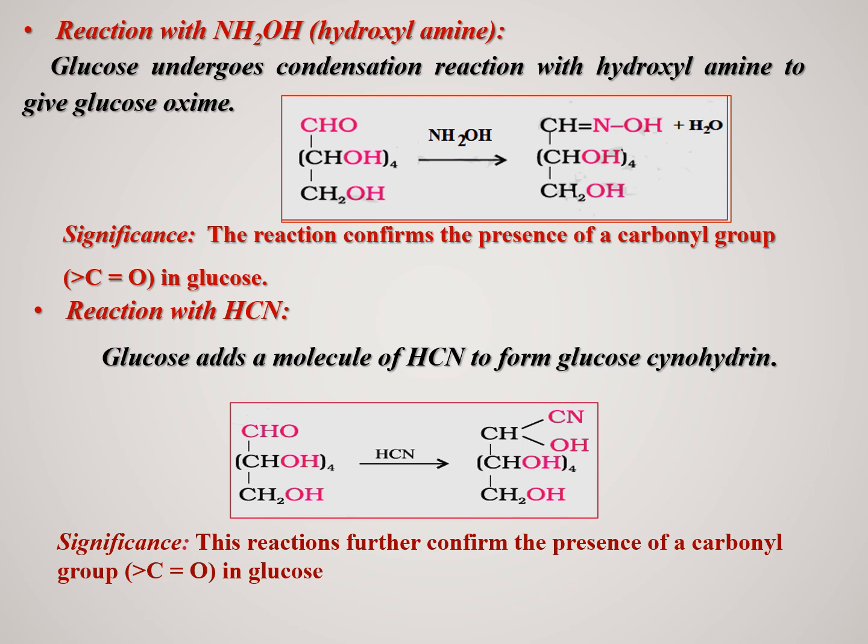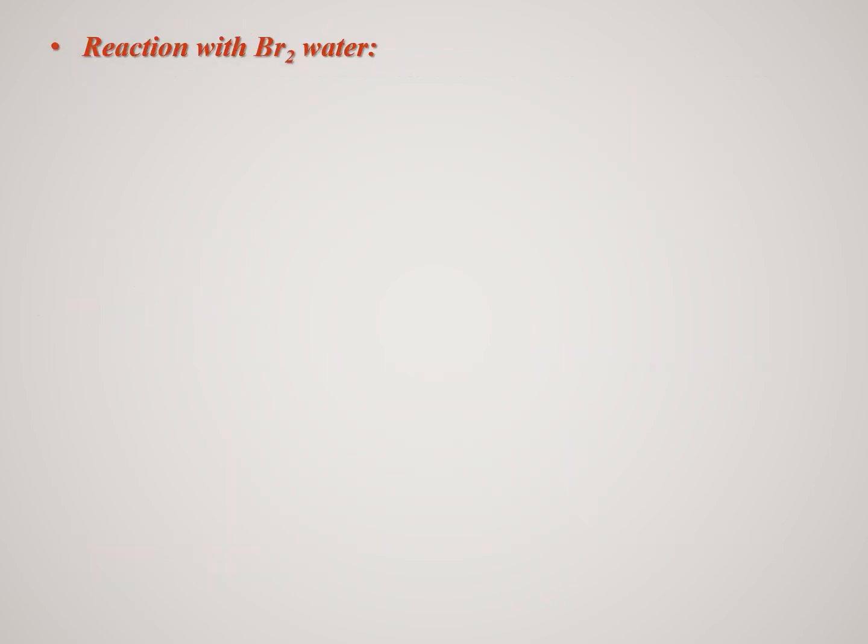So it is confirmed that of the 6 oxygen atoms present in glucose, 1 oxygen atom must be an aldehyde or ketonic group. Now the next question that comes to mind is, what is that carbonyl group? Can it be aldehyde or is it ketone?